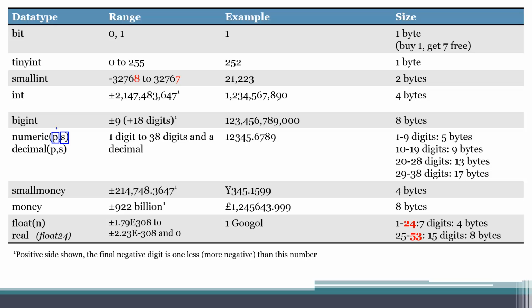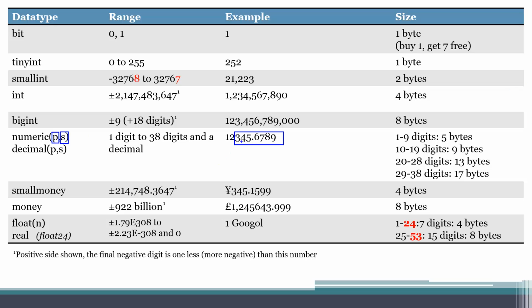The precision also determines the size of the data type. If you have a number between 1 and 9 digits, it takes 5 bytes to store it. So in this case, if we declared our example as a numeric 9, 4, it would take 5 bytes to store. If we stored a smaller number, let's say we only stored the last digits, starting with the 3, so it was 345.6789, and we stored that inside of a numeric 9, 4, it would still take up 5 bytes.